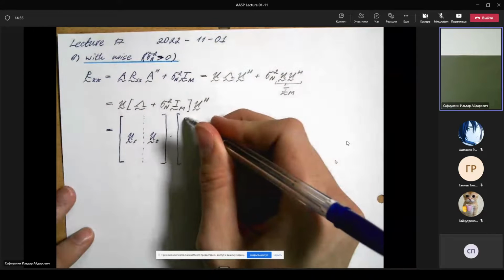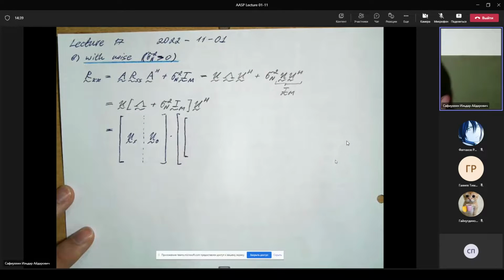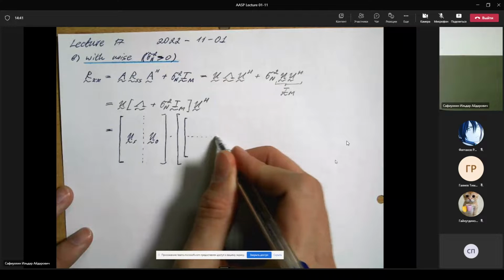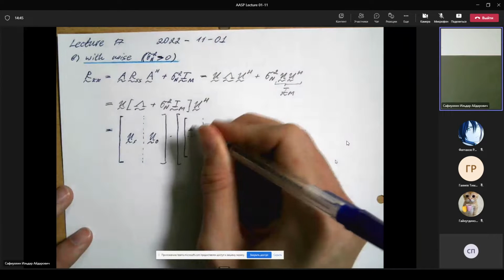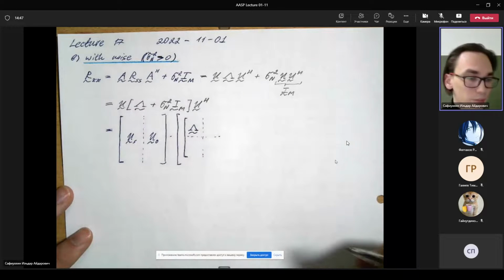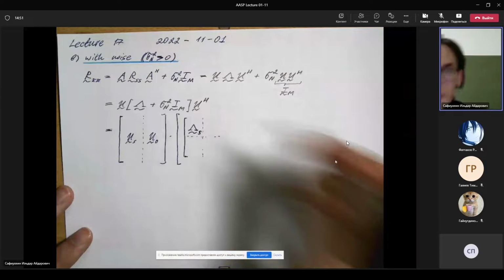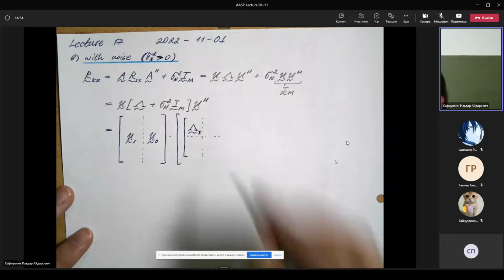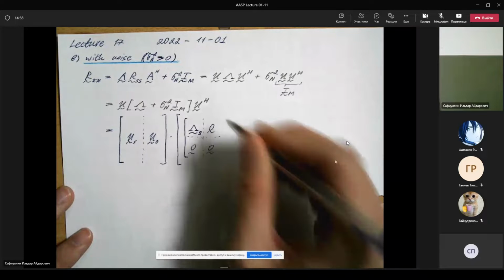The first part is from the first case: lambda subscript S and three zero matrices, 0, 0, 0.